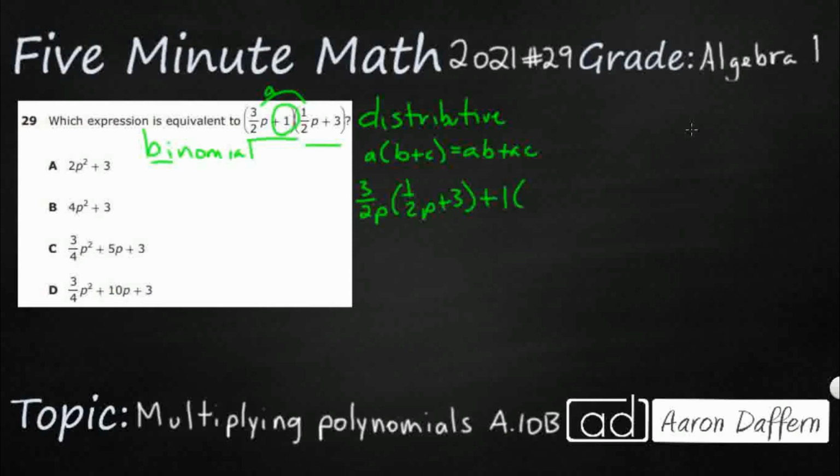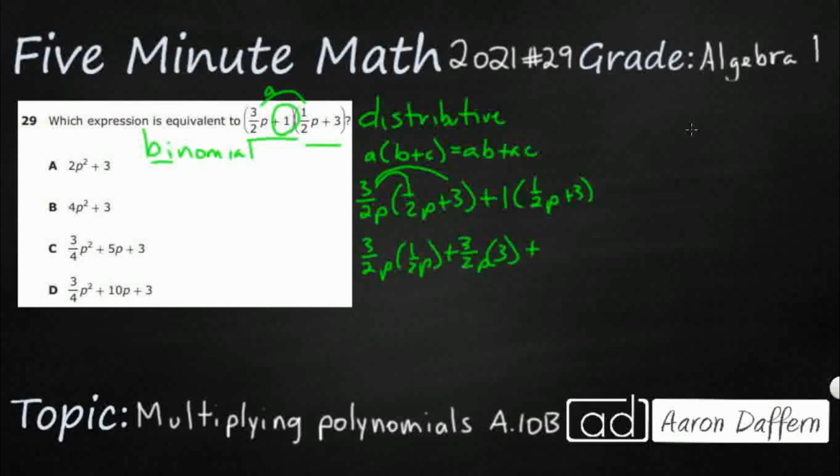And that's pretty easy because then we're just going to drop the 1, drop the parentheses. It's just going to be the 1/2 P plus 3. Then we need to distribute this out again, so it's like a double distributive property, right? So it's 3/2 P times 1/2 P, plus 3/2 P times 3.